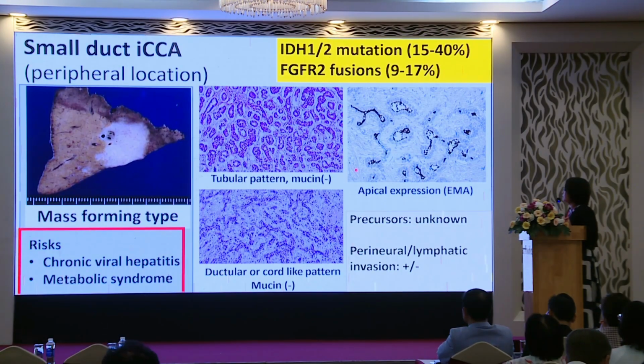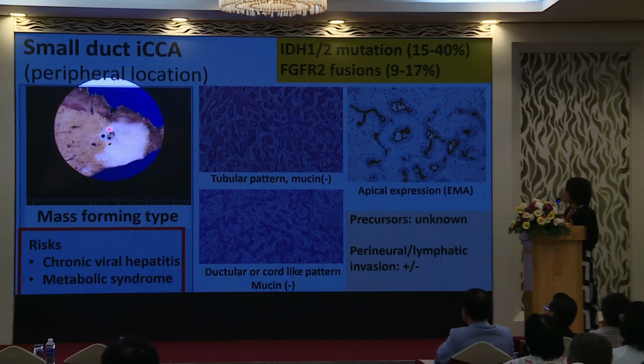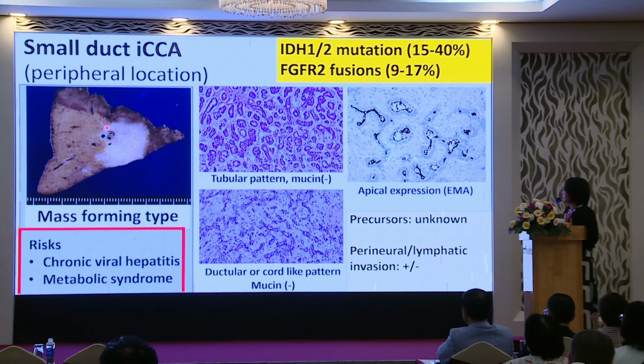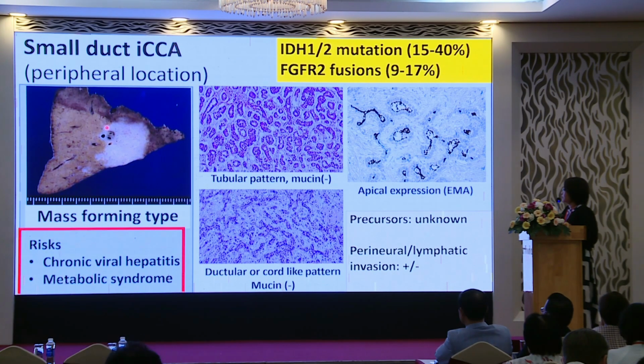So this is the summary of small duct type ICCA. The location of the tumor is usually peripheral because it's originating from the small bile duct. However, 30% of small duct type ICCA can occur in the perihilar area because the bile duct shows a three-dimensional aspect, and a small bile duct can also exist in the perihilar location. And as a risk factor, chronic viral hepatitis or metabolic syndrome are known as risk factors for small duct type ICCA.